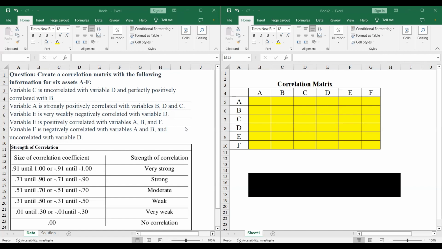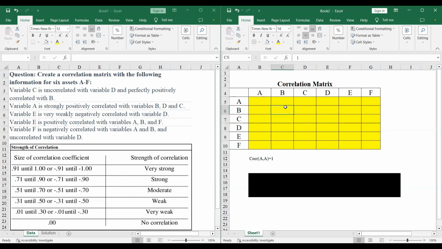Now, the first most important thing in any correlation matrix, which is true for all correlation matrices, is that the correlation of an asset A with itself will always be equal to 1. And this will be true for any other asset.